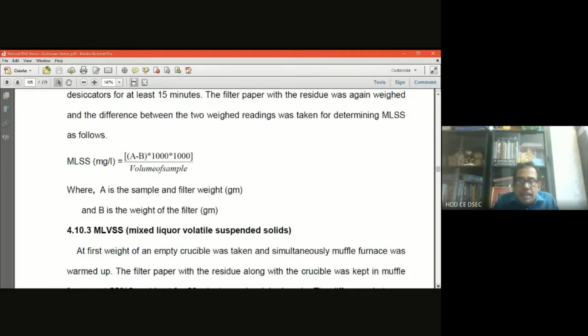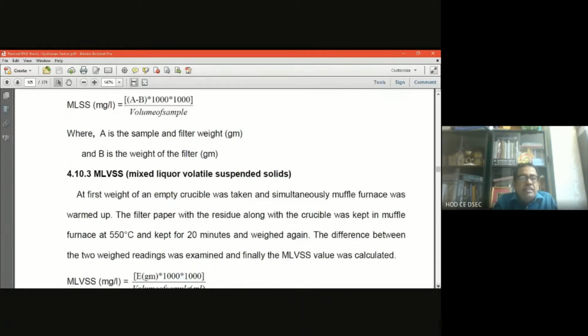So this is how the MLSS is determined in the laboratory process. That is one of the key parameters, because it indicates how much biomass is present in the wastewater. That means the treatment efficiency can be determined with this MLSS, because if MLSS is more, then treatment efficiency will be more.